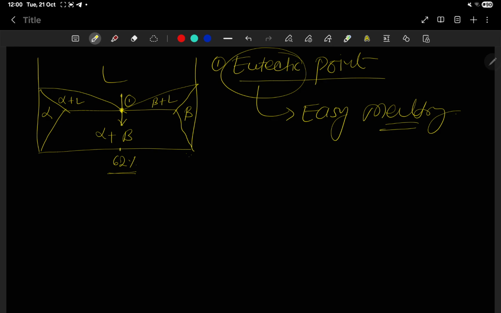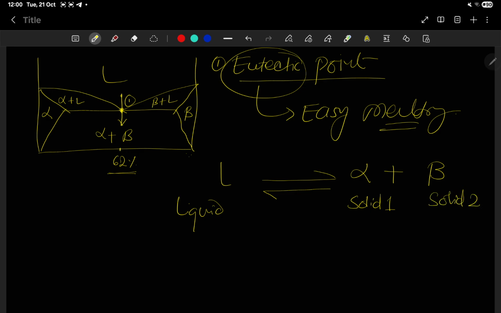Now let's apply the Gibbs phase rule to this eutectic point. Let's see what is happening here. L will transform, this is a reversible reaction, into alpha plus beta. Liquid is the liquid phase, alpha is solid 1, and beta is solid 2.